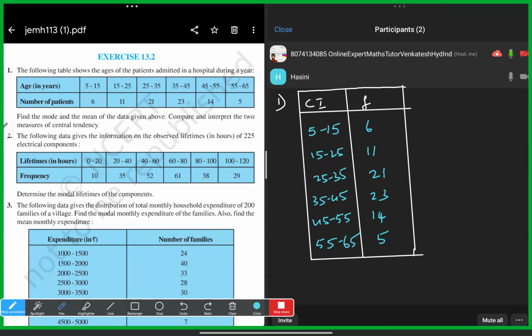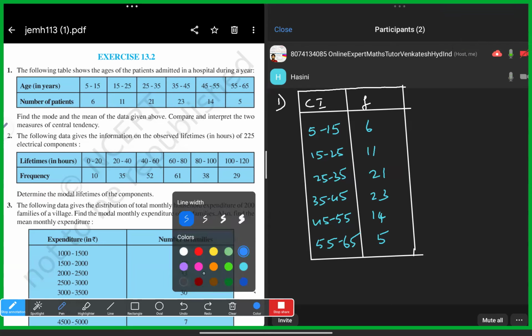Now in the frequency column, we already know if it is ungrouped data, the observation with the highest number of occurrences, the highest frequency, is the mode. Here also, the first step is to check the highest frequency.